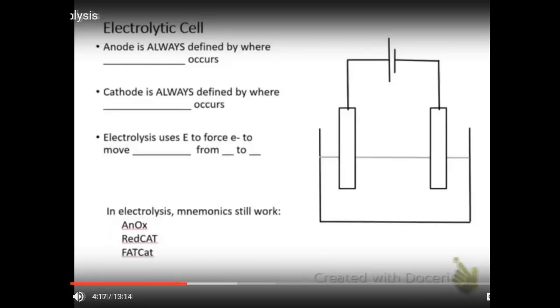So as we look at the parts of the electrolytic cell, it's important to know that the anode is always defined by where oxidation occurs. So it doesn't matter what type of cell, the oxidation occurs at the anode, and the cathode is always defined by where the reduction occurs.